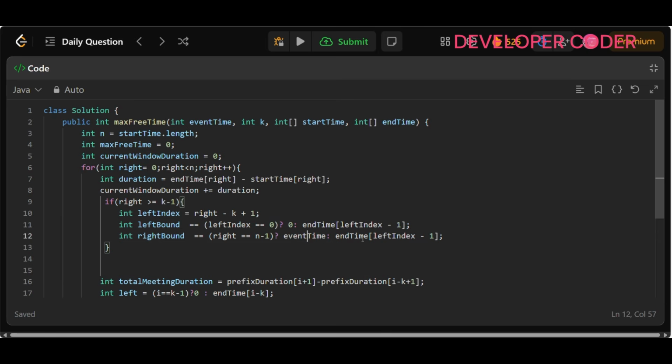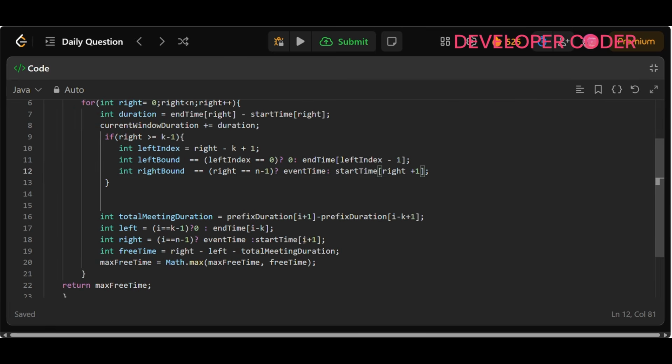Otherwise, the start time of the next one, so the start time of right plus 1. Okay, this is done, so left and right.